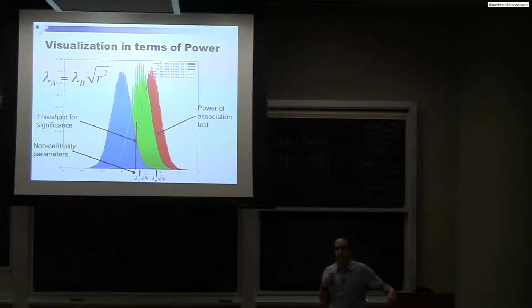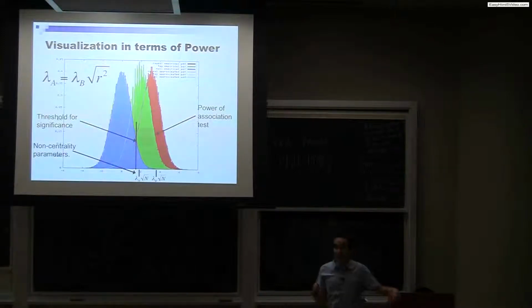Biologically, you can think of lambda, lambda A or lambda whatever, as the strength of the effect of the association, normalized so it falls onto the normal distribution. That's a great question. Lambda B is the strength of the association for the causal variant, the variant that's affecting disease.